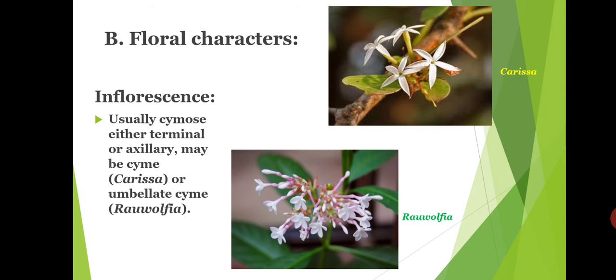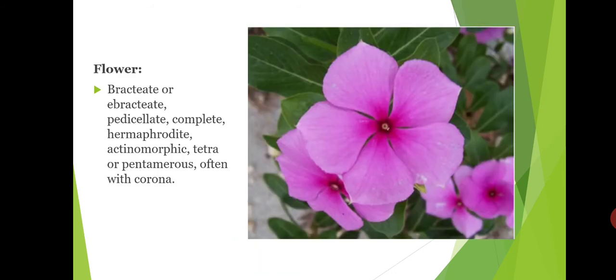Sometimes they appear as clusters, but they are solitary flowers. Very rarely, in some species of Vinca or Catharanthus, the flowers appear as axillary pairs. Here we see an axillary pair, two flowers at a time. But if we watch closely, they are single flowers.